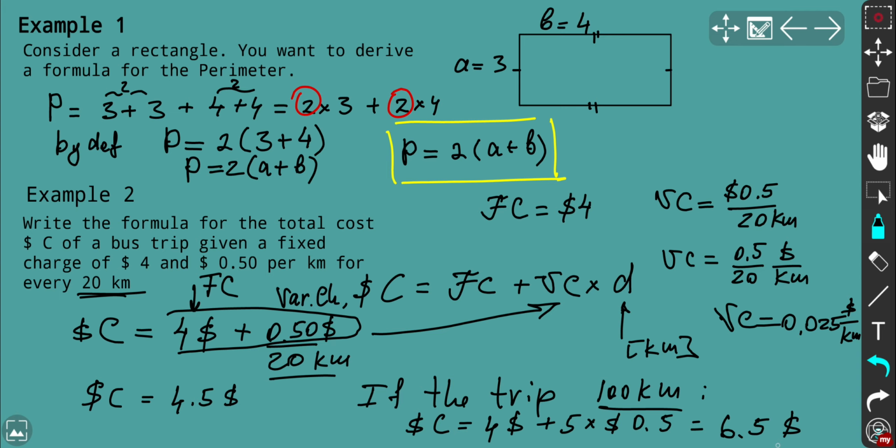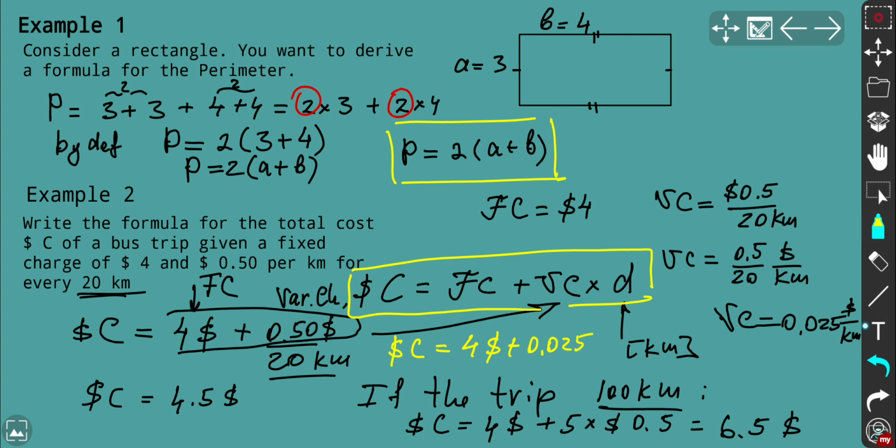But actually if you use that as the general one, in this case distance should be clearly stated in kilometers. So for example, if we use that formula for the case, we just simply write that, okay, total cost in dollars is going to be fixed cost. If we calculate that, so $4, variable cost is going to be 0.025, so we add 0.025, and we multiply that by distance, which is in kilometers.